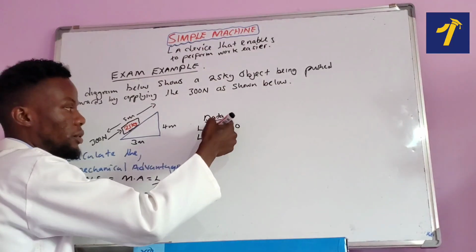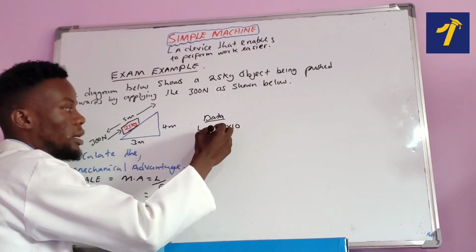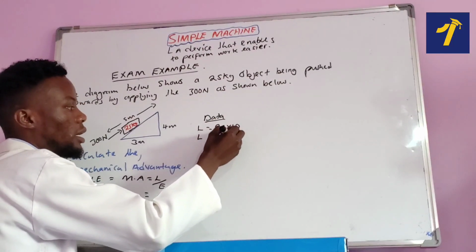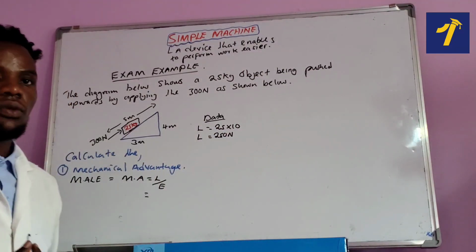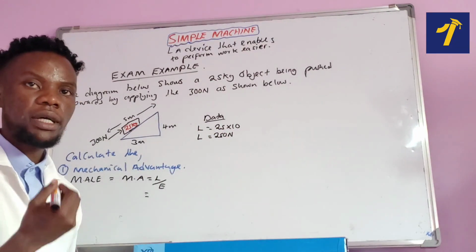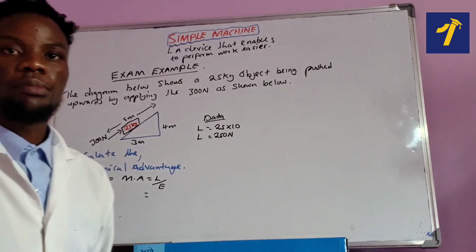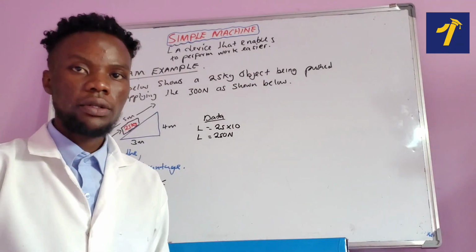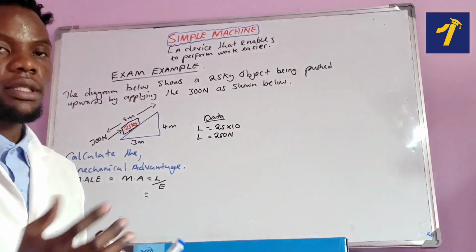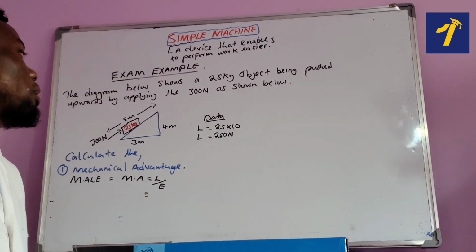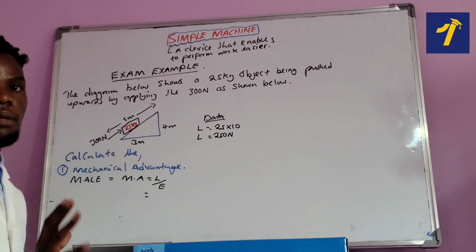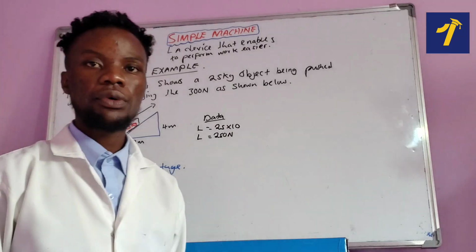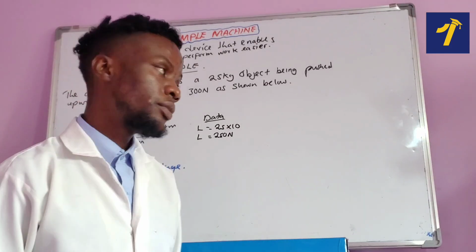So you just get 25 and multiply by 10, then you're going to have 250 in the correct unit, which is the newtons. That's the first thing that you need to know. First, convert the mass that has been given, because we have been given the mass in kilograms. So convert that mass into what? Into the force. By simply saying 10 times 25. 10 is coming from where? The force of gravity.